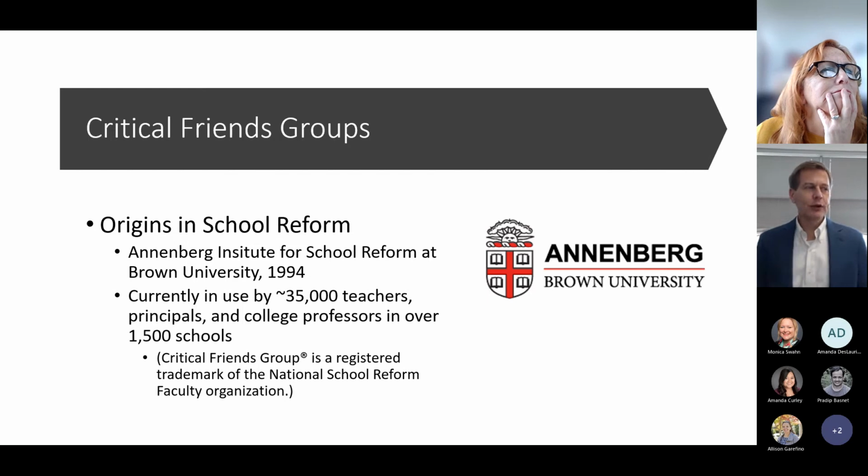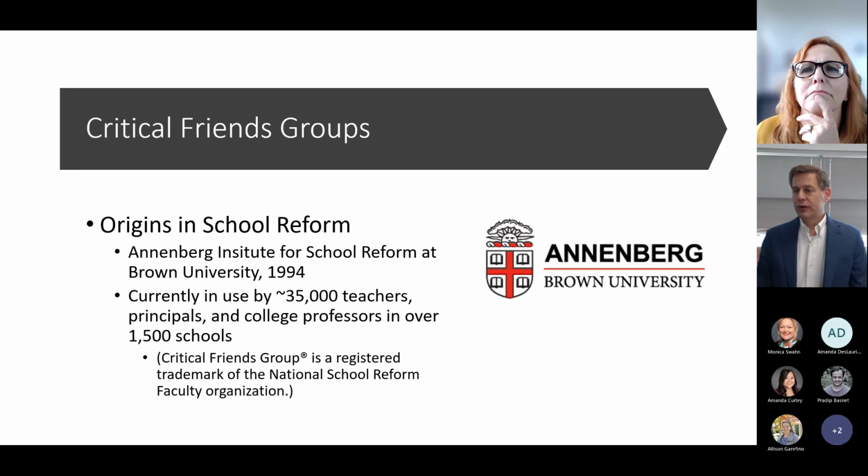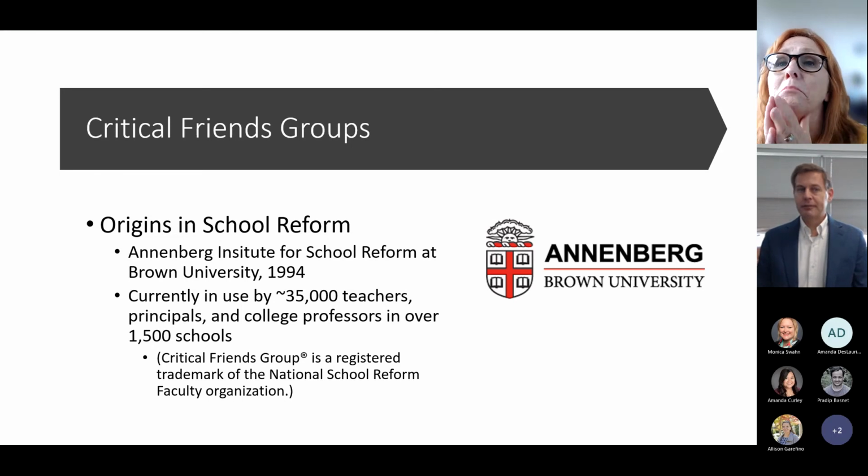So, critical friends groups are a real thing that's been around a long time. The concept was started actually out of school reform. So in the Annenberg Institute at Brown University, they set up this process for critically analyzing what people were doing in schools and setting up a network to be able to improve it with internal and external feedback.